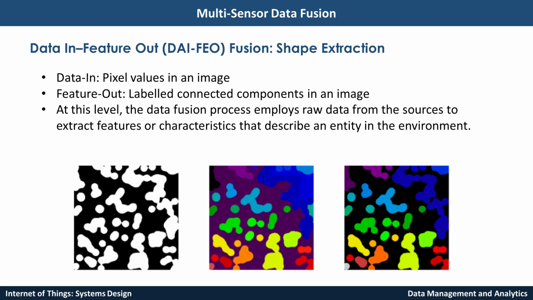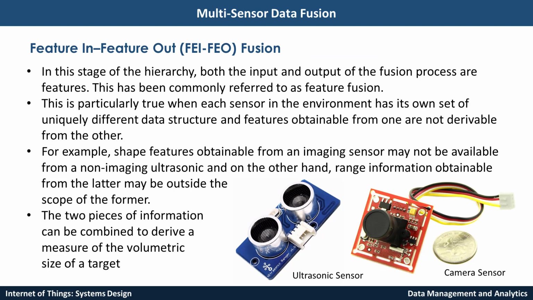If you take the same example of an image, you input basic pixel values and the output will be features like connected labels and components. You can see in this illustration, they come up with some kind of feature extraction within the image. So now it is no longer raw data, but features coming out.